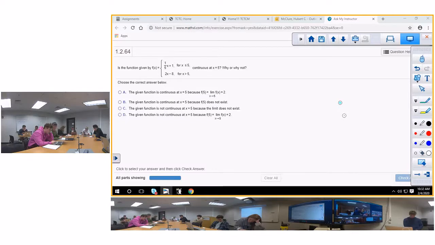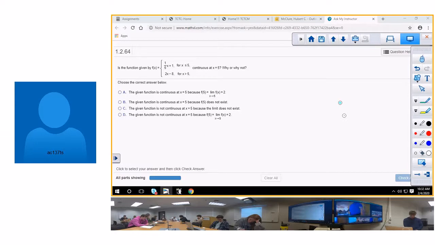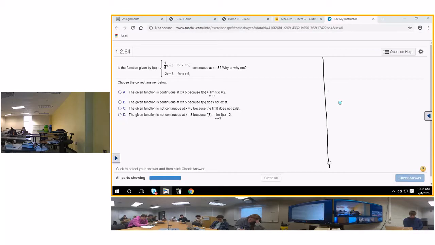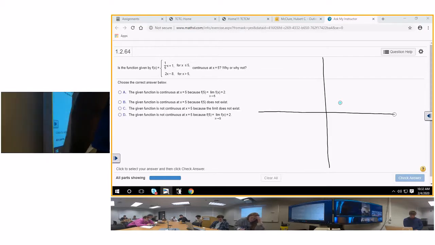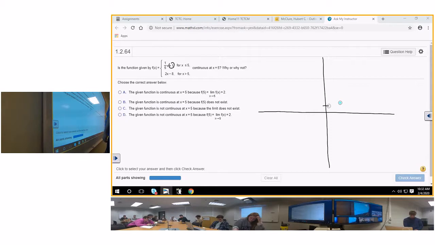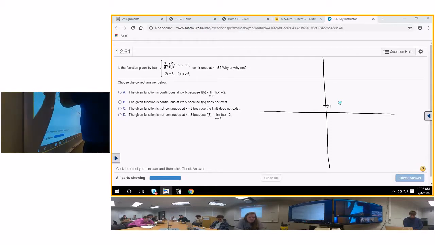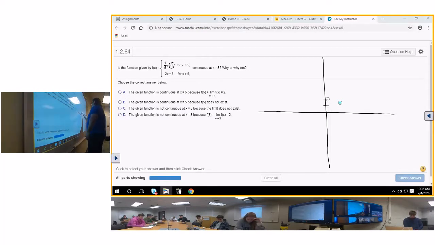So let's draw this one. So we've got a vertical shift of 1 up, and we've got a positive slope of 1/5. That means 1 up, 5 over.